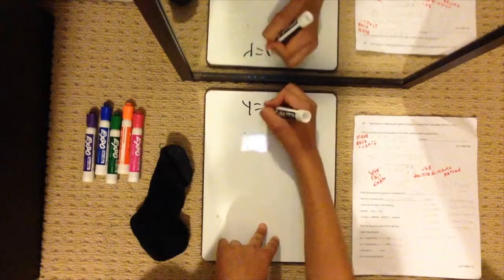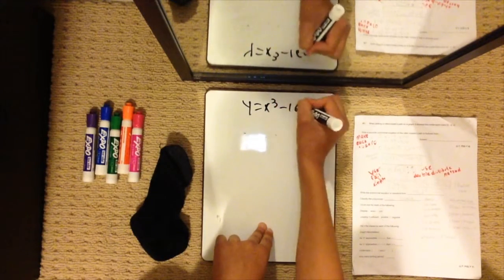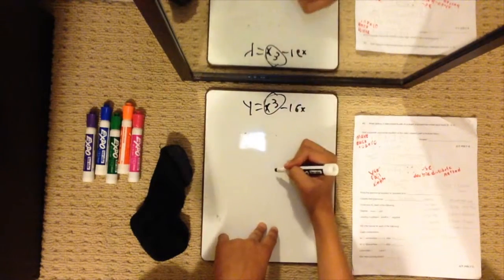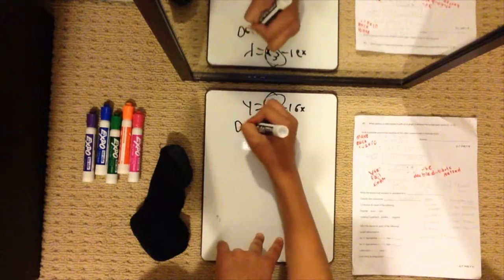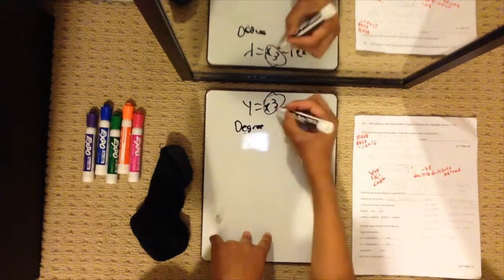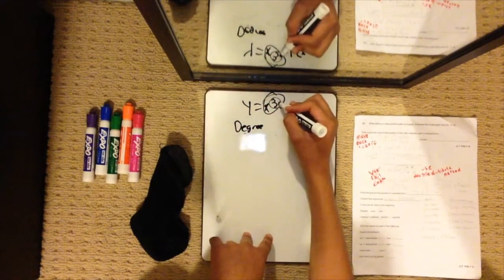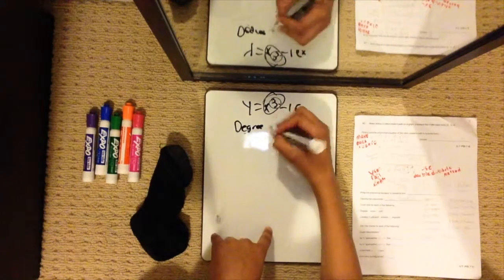And now we need to find the degree and the leading coefficient. The way we find it is just from when you write y equals x cubed minus 16x. It's all here. The degree is the highest exponent, which is 3, so it's odd.